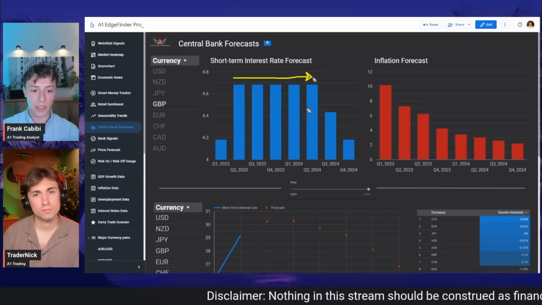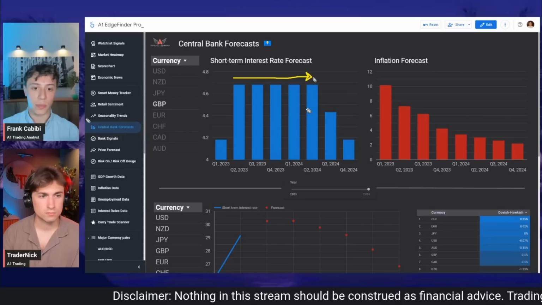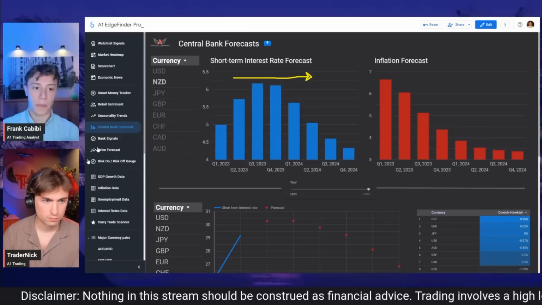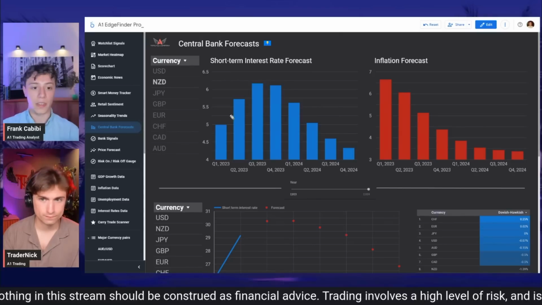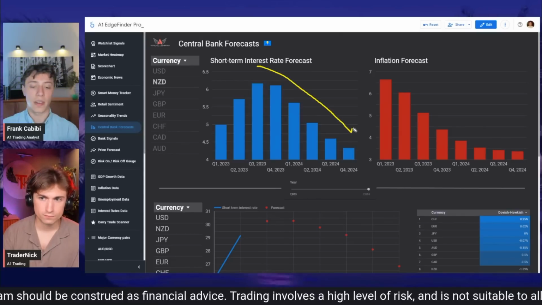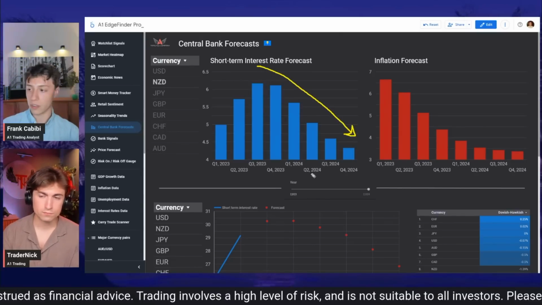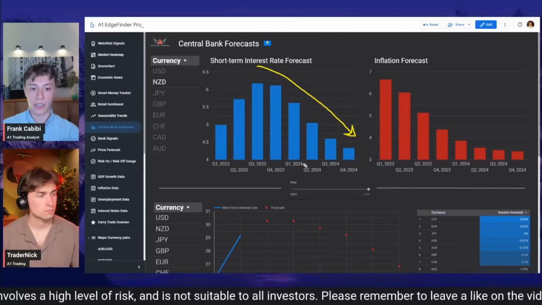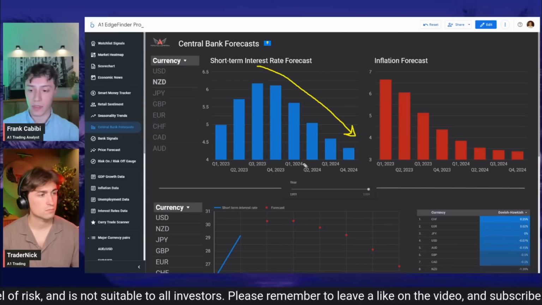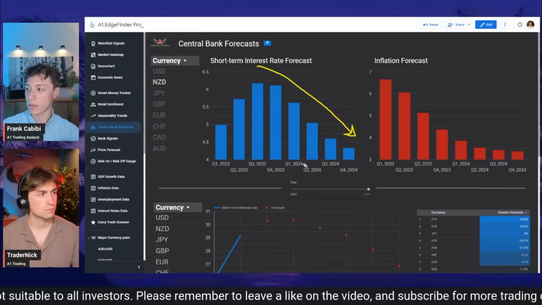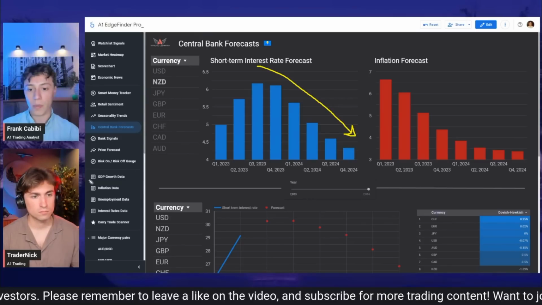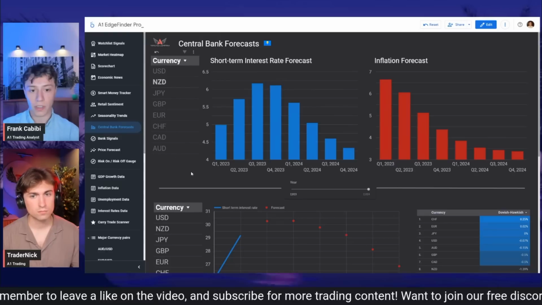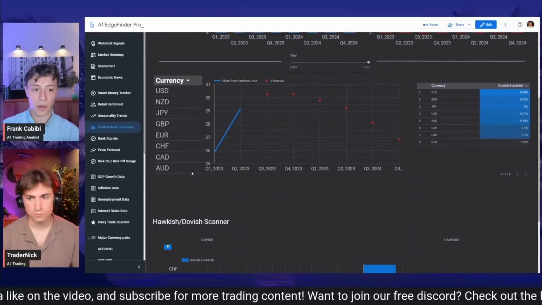Meanwhile, the RBNZ is already at their highest point, according to them, and they're not looking to go much further from there. So the short-term interest rates probably rise a little more, but their funds rate is likely to stay at 5.5. I believe that's where it's at. So looking forward, pound looks more hawkish than the RBNZ's Kiwi.